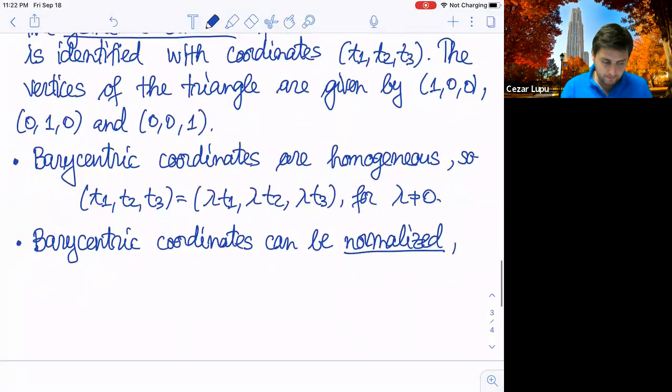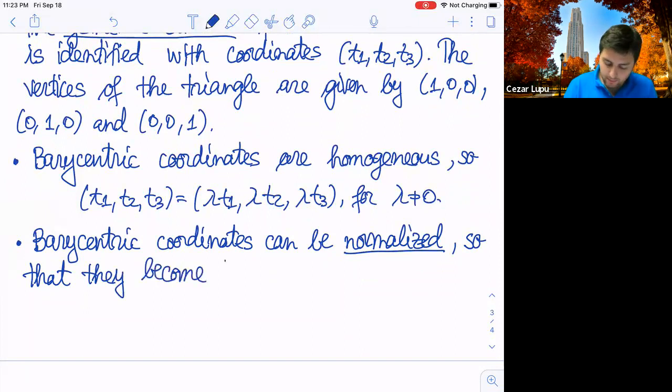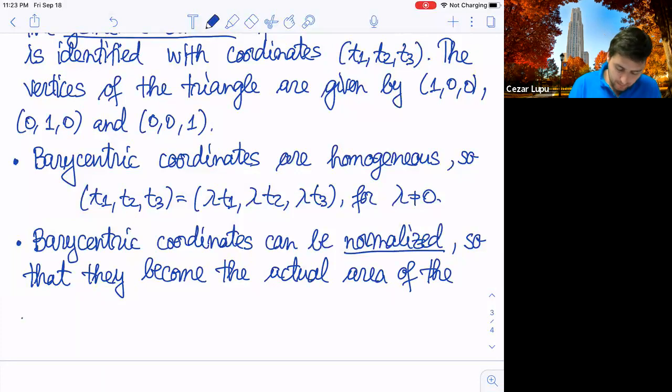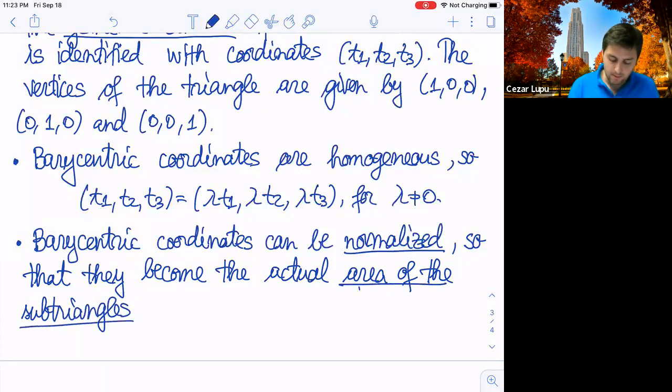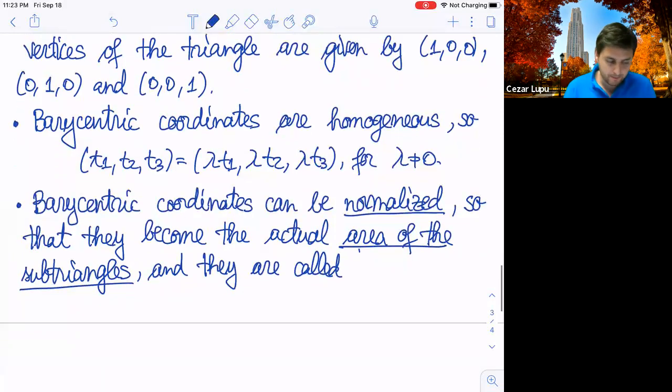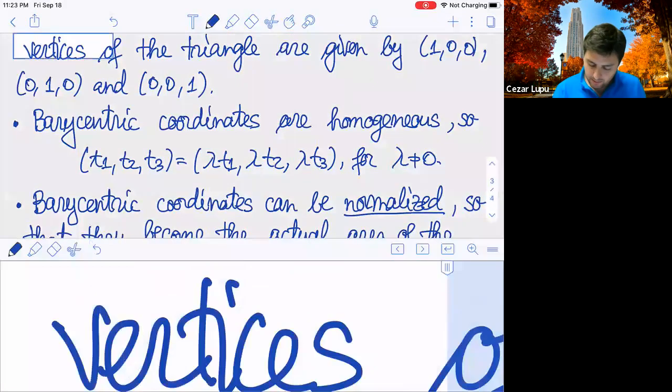This means that, and I will explain a bit, they become the actual areas of the subtriangles, and they are called homogeneous barycentric coordinates.